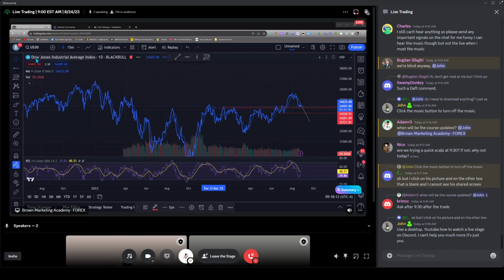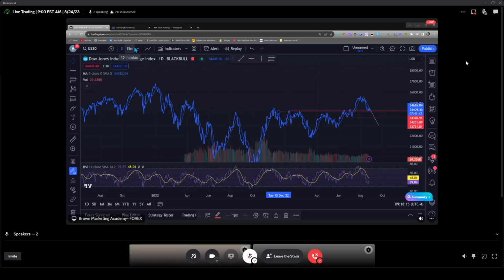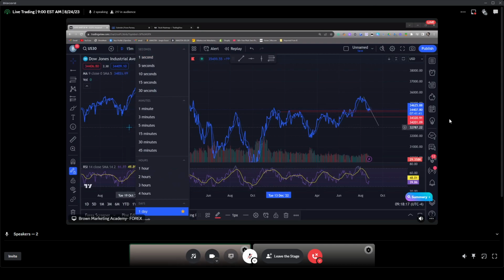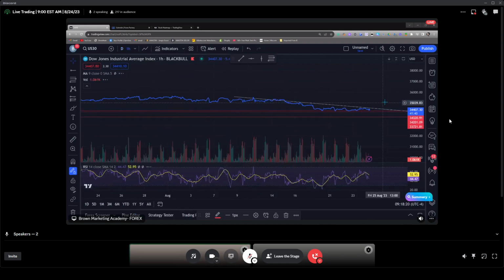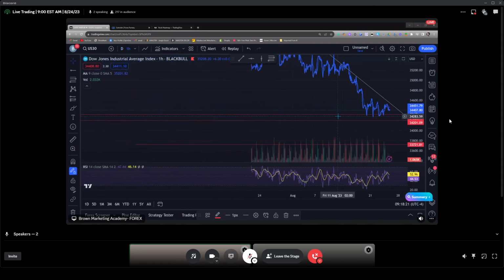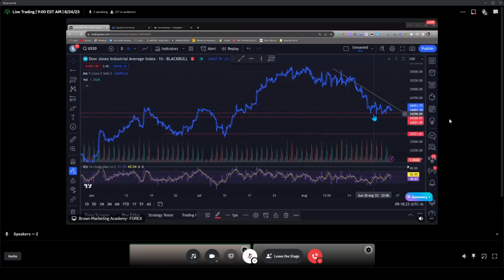All right. So then after that, we're going to go down to our 1 hour and do basically the same thing. On the 1 hour, we're going to look for areas of support and resistance around where price is right now. Grab our horizontal ray tool. We're going to be looking for areas like this.